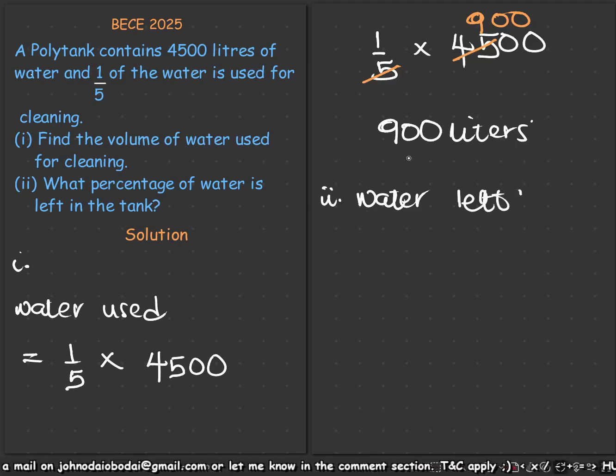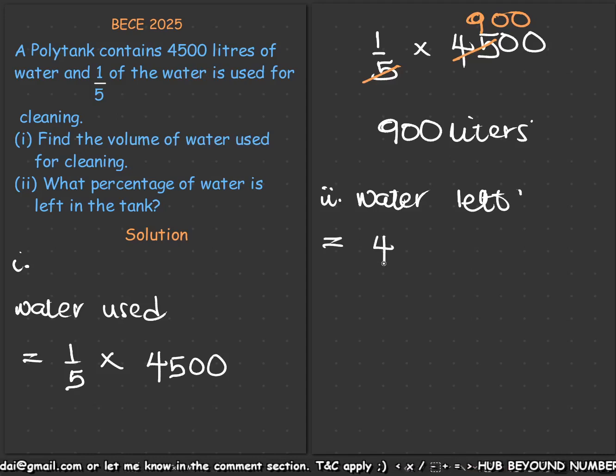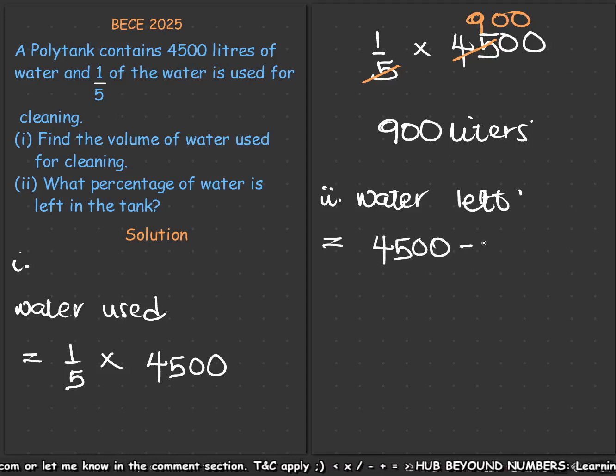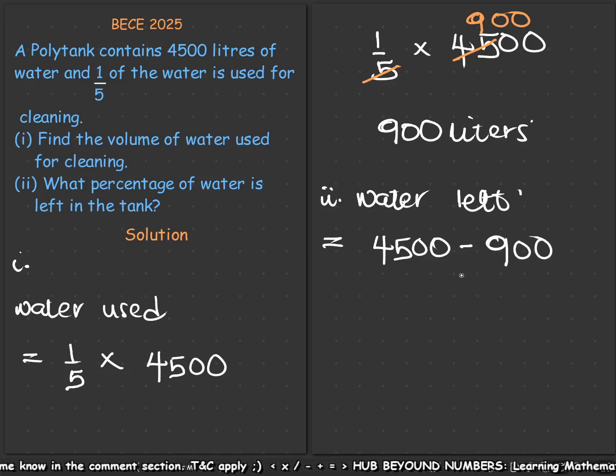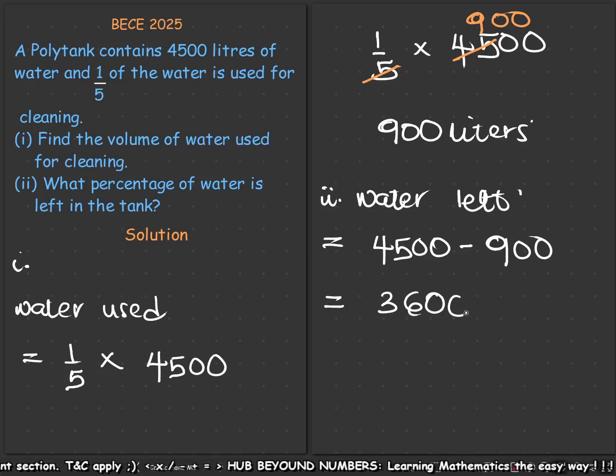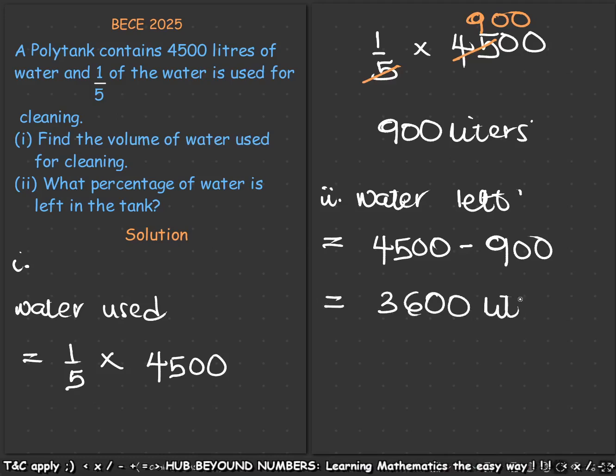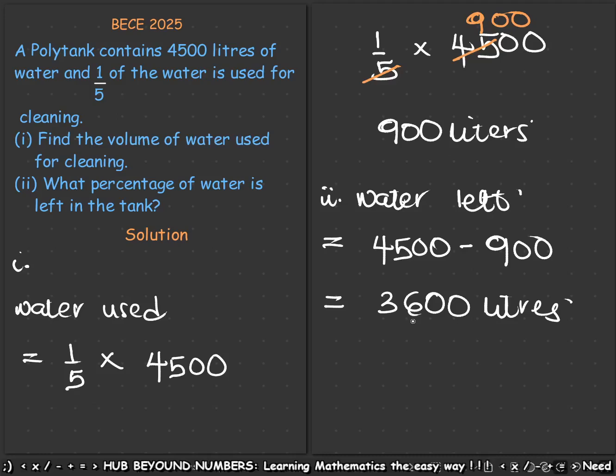We are going to take out the used from the total quantity. That is 4,500 minus 900. And 4,500 minus 900 gives us what? 3,600 liters. So it is 3,600 liters that is left after the cleaning.